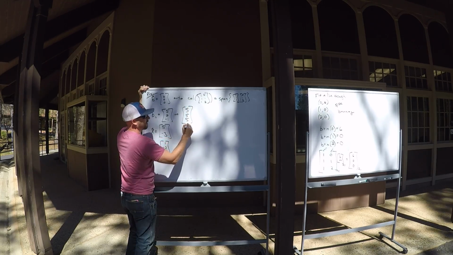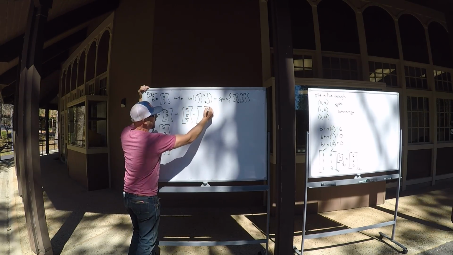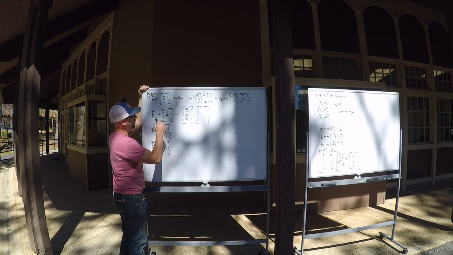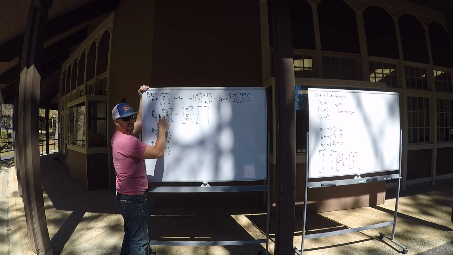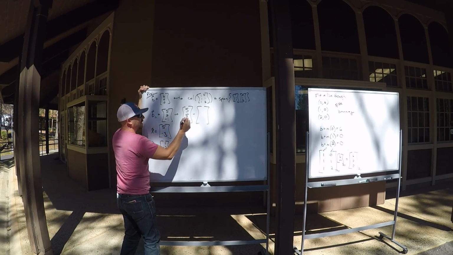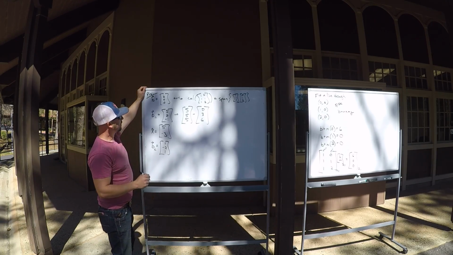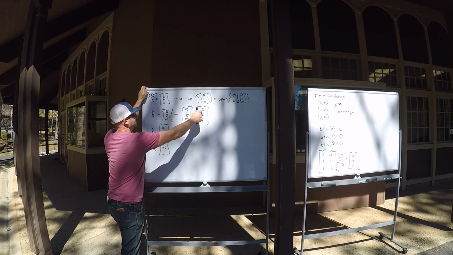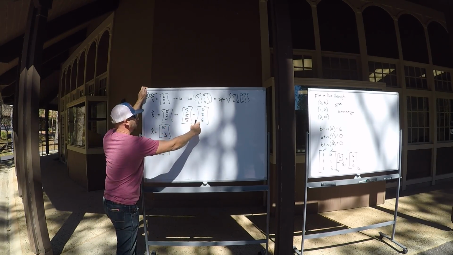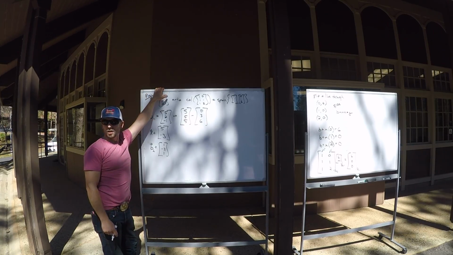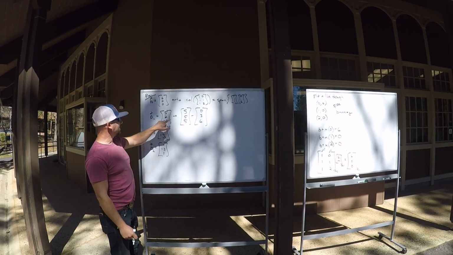Then I need to subtract some to get to 2, so I need 3 times the second vector, 0, 3, 6. Does that work? 5, 2, negative 1. Cool. So this is indeed in the column space.